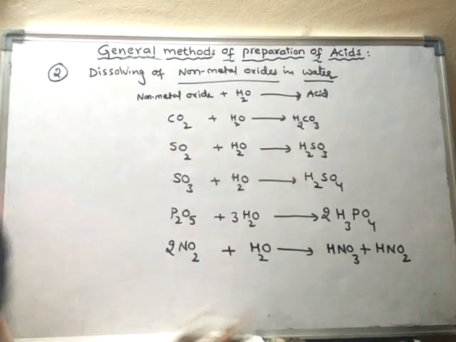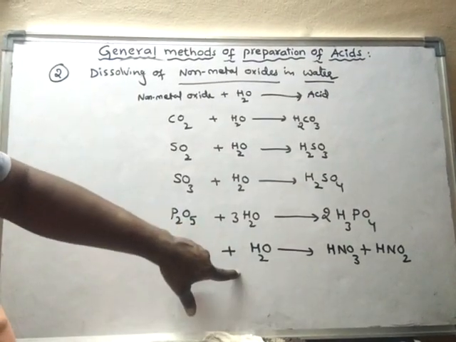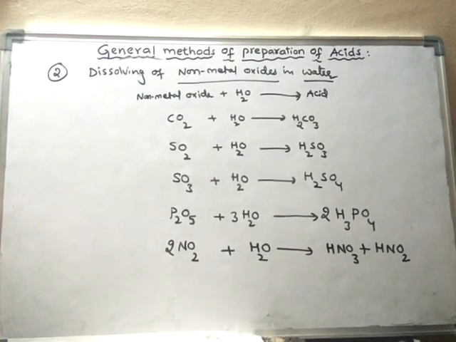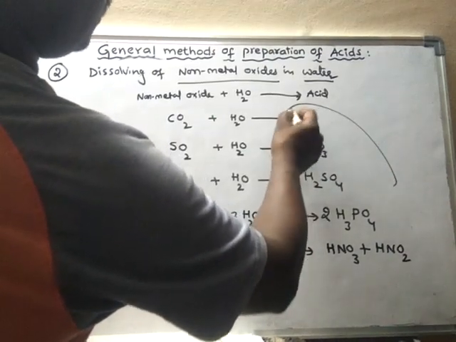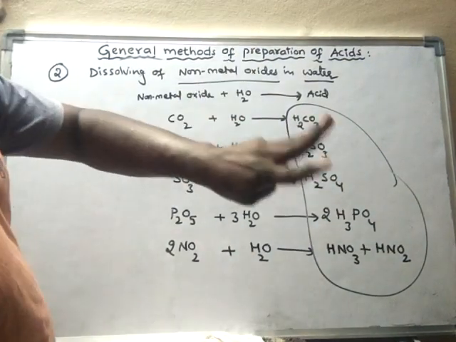So these are all non-metal oxides. When they are dissolved in water, they form their respective acids. One common thing in all these acids is that you will find three elements.